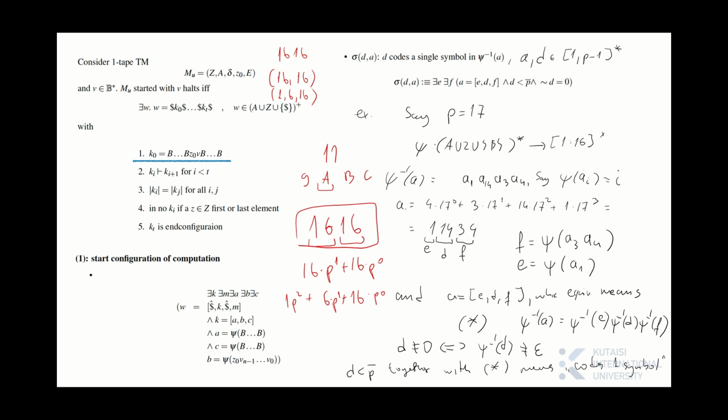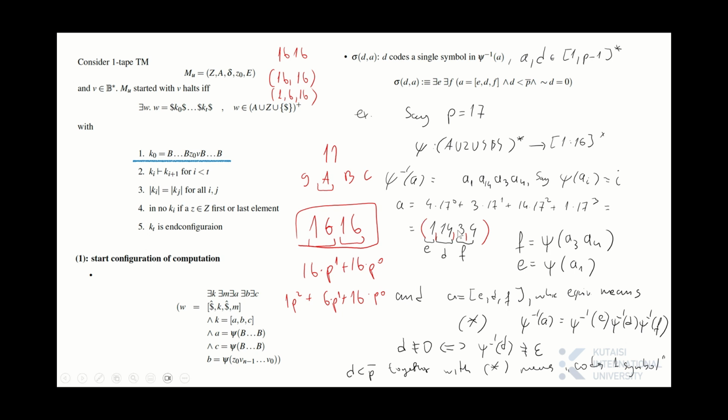So the number I'm looking at will be 4 times 17 to the 0, 3 times 17 to the 1, 14 times 17 squared, and 1 times 17 cubed. So basically in my parenthesis notation, this should be something like 4, then 3, and 14, and then 1.